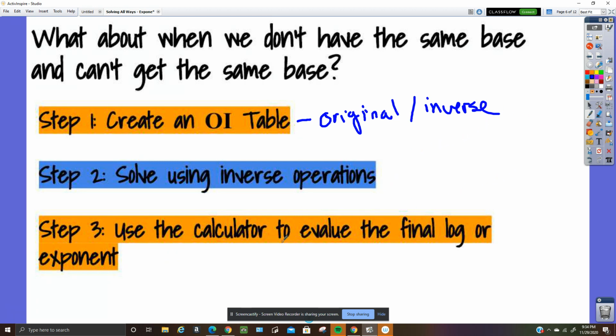You don't have to evaluate: if I say find the exact answer, then you wouldn't use the calculator in step 3. But let's go over some examples, and I think that will clue you into what I mean.